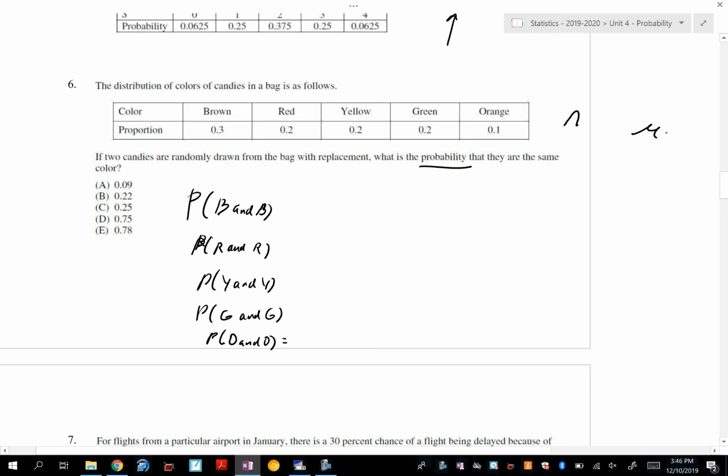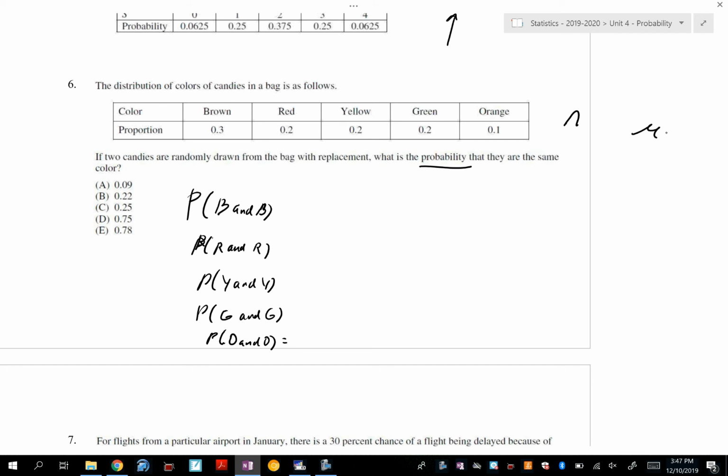Okay. When you see the word and, you should be thinking multiply. But you have to ask yourself, are these independent? And why are they independent? If you pick it out and eat it, they're not independent. But if you pick it out and put it back in, they're independent.